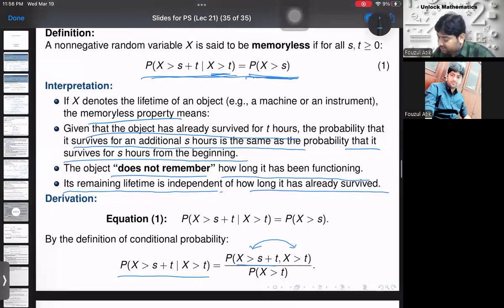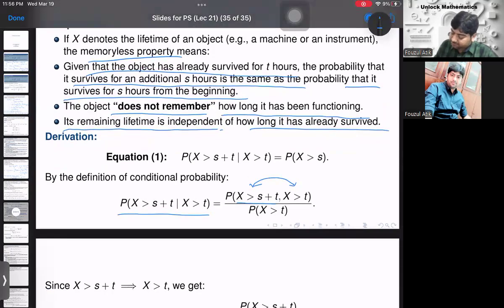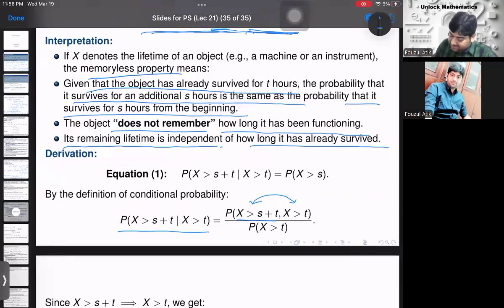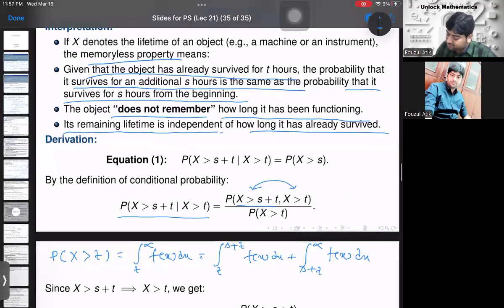Now, can you think of what the intersection of x > s + t and x > t is? P(X > t) is the integral from t to infinity of fx dx. Can't I write it as the integral from t to s + t of fx dx plus the integral from s + t to infinity of fx dx? Now what is this last value?